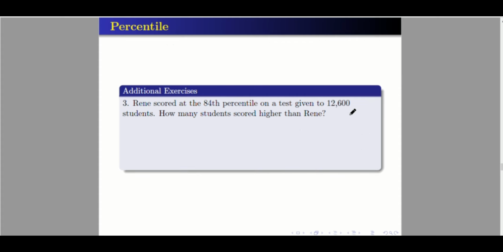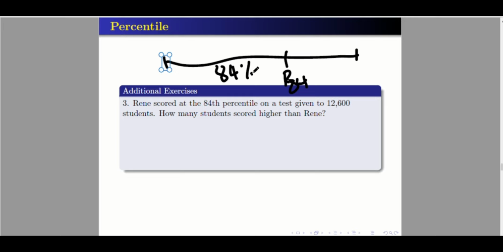Okay, last additional example. Renee scored at the 84th percentile on the test. So 84th percentile, so P84. It means the percentage here is 84%. How many students scored higher than Renee? So if this is 84%, higher than Renee's score must be 16%.